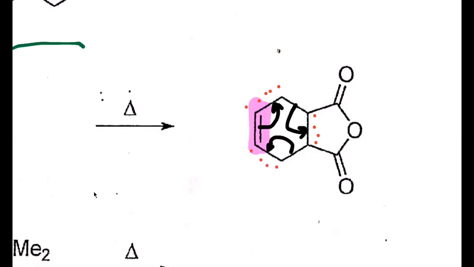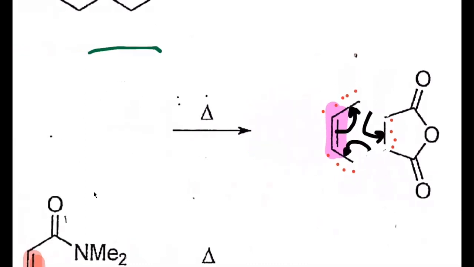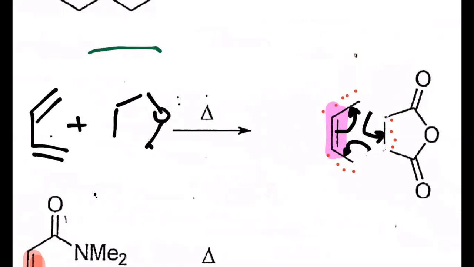And so when we pull that apart, we end up breaking this sigma bond and this sigma bond. Then my diene is going to look like just a regular diene, actually, in this case, here, plus this.